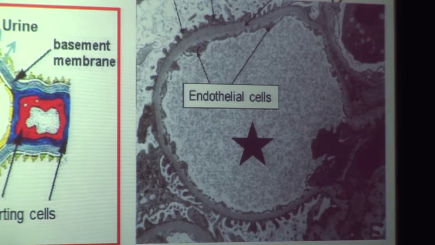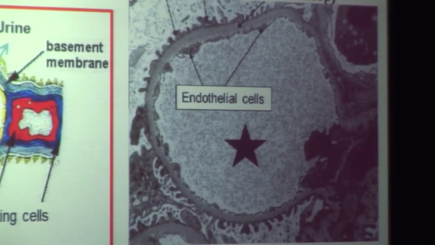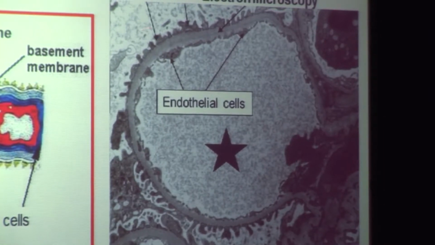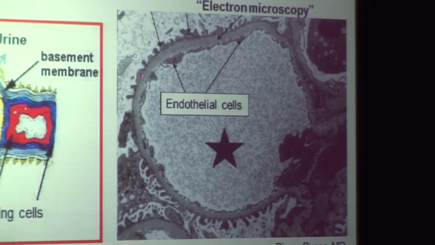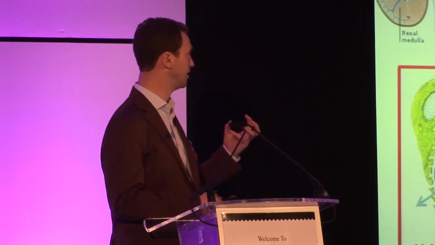So you've got the cells on the outside of the loop, which we call podocytes because they've got feet. There's the structure in the middle called the glomerular basement membrane, and this is the sort of scaffold that holds the capillary loop and keeps everything functioning properly.